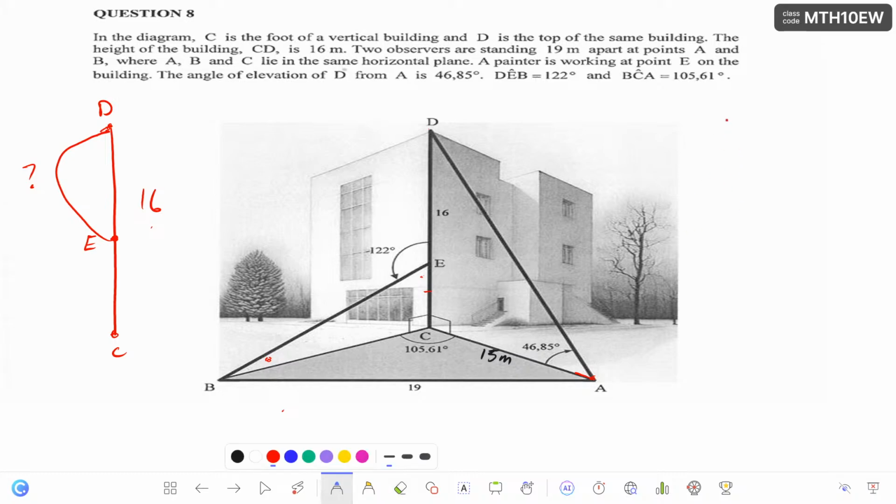So I'm saying let's calculate BC. In order to calculate BC, what do we have? We have this length and this length, and an angle.